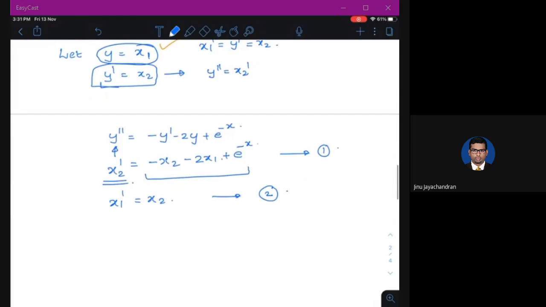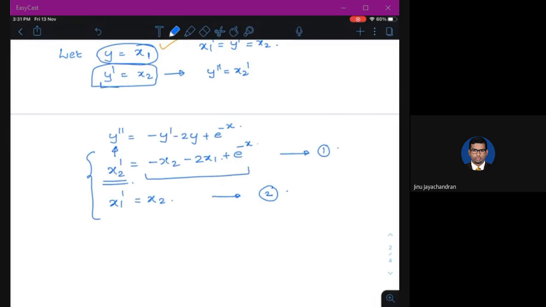So now you have broken your second order differential equation into two first order differential equations. X2 is equal to y dash, but we are not bothered about that. Finally, what is there in the equation? Does it have two different differentiations? It doesn't.